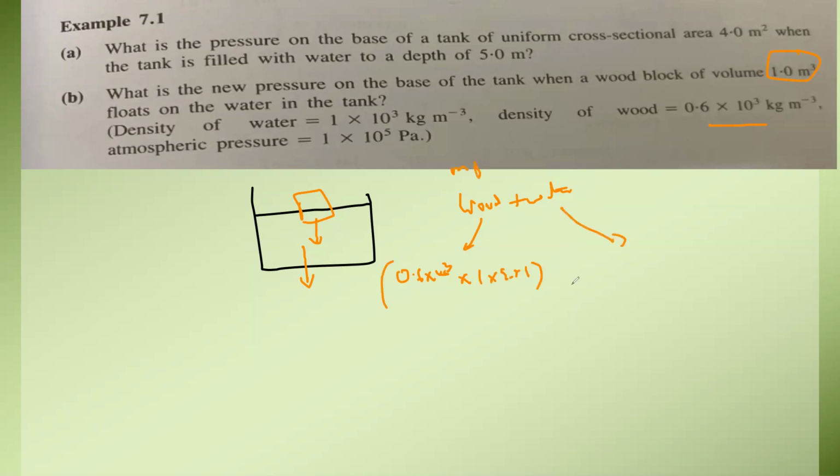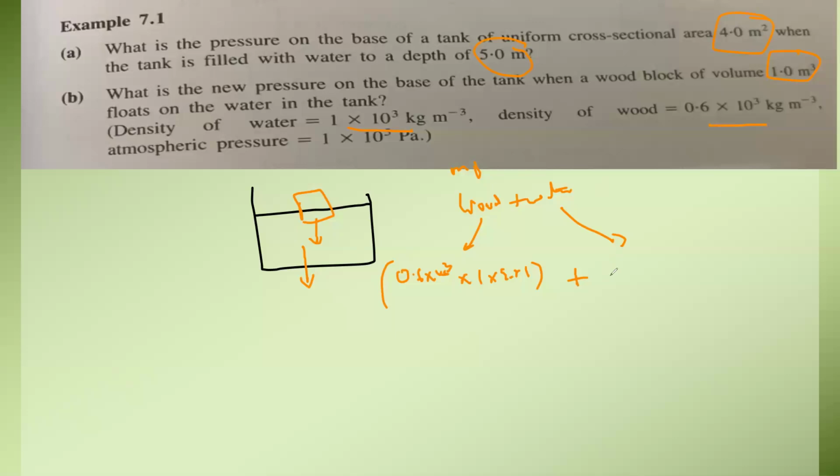And what about the weight of the water? We have the density of the water and we have the volume of the water as well. What is the volume of the water? It will be the depth multiplied by the cross-sectional area.